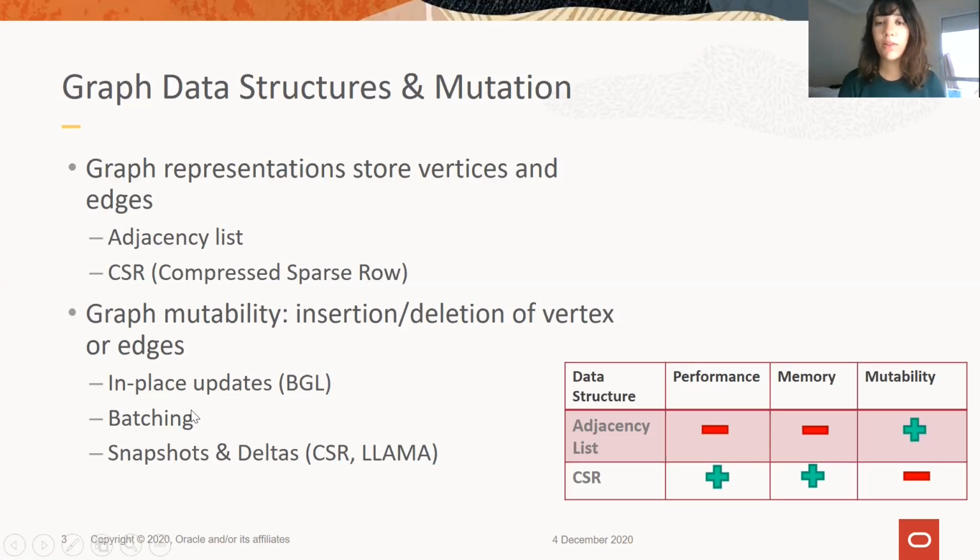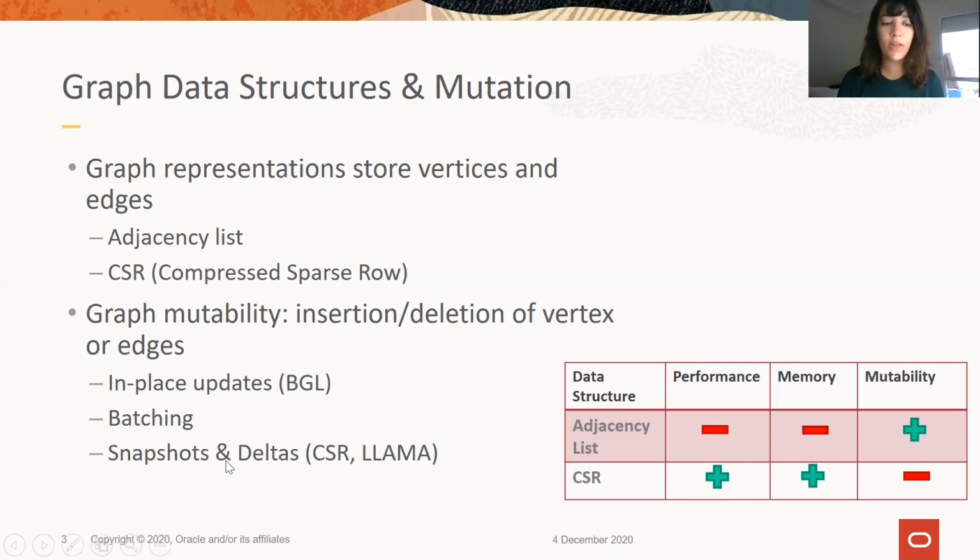We have in-place updates, meaning that we don't have to copy the whole graph, for example in the Boost Graph Library, which we're going to evaluate later with some numbers. Then batching, meaning that we collect a number of updates, for example edge insertions, into batches and then perform them at once to allow for optimal update operations.